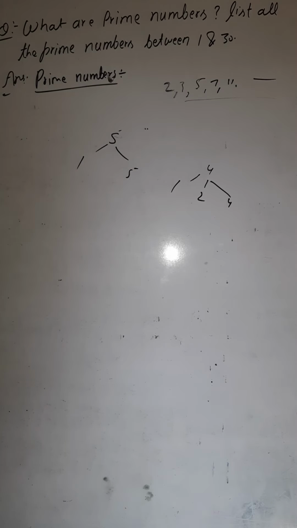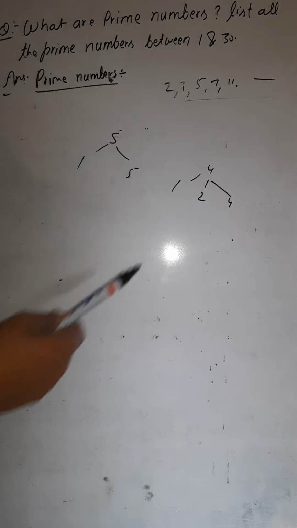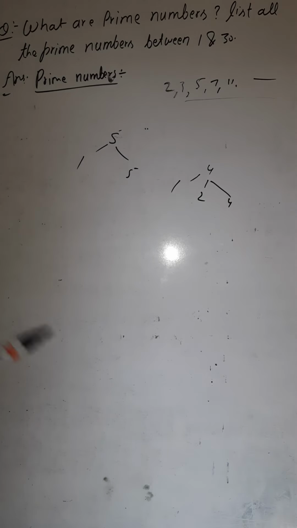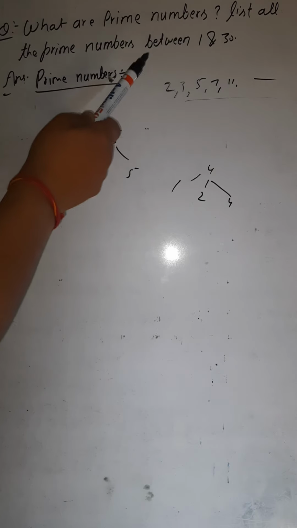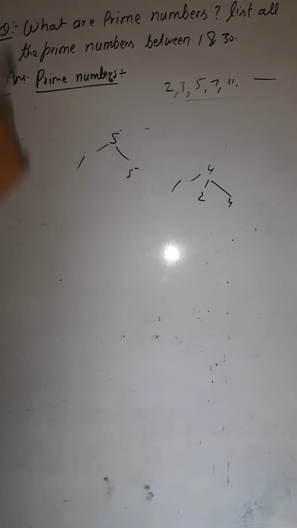Only 2 is the number which is prime as well as even. That you have to understand. All the prime numbers are odd, leaving 2.